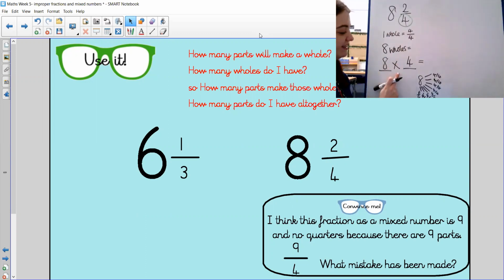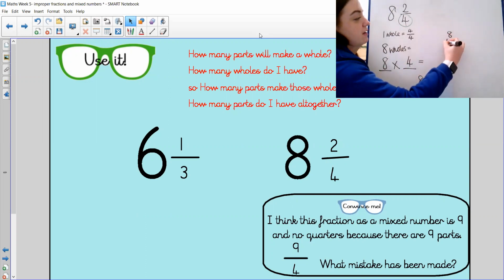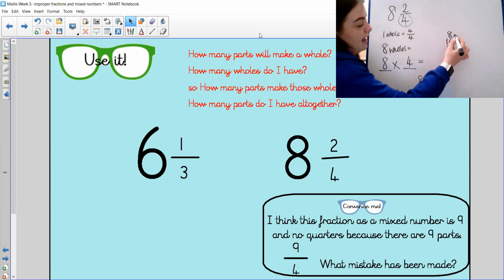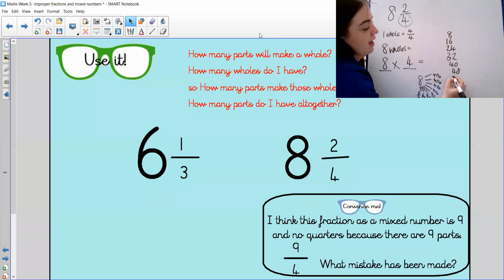So I'm going to do 8 times 4, which is 8, 16, 24. Really practicing my times tables here. 8, 16, 24, 32, 40, 48, 56, 60.